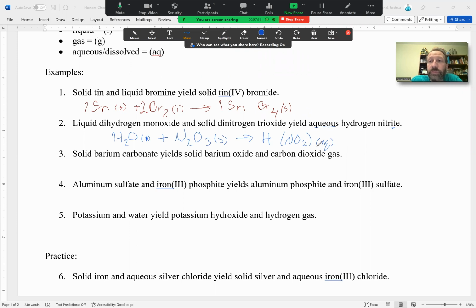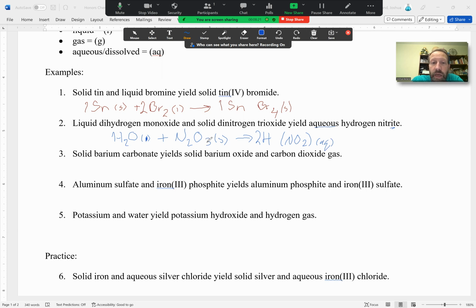Okay, and now let me balance. So 2 hydrogens on the left, only 1 on the right, put the 2 there. Now watch this: by putting the coefficient of 2 there, it makes 2 hydrogens, but it also makes 2 nitrogens. Oh, but that's actually okay, because I already have 2 on this side. That works out well. But it also makes 2 times 2, or 4 oxygens on the right.